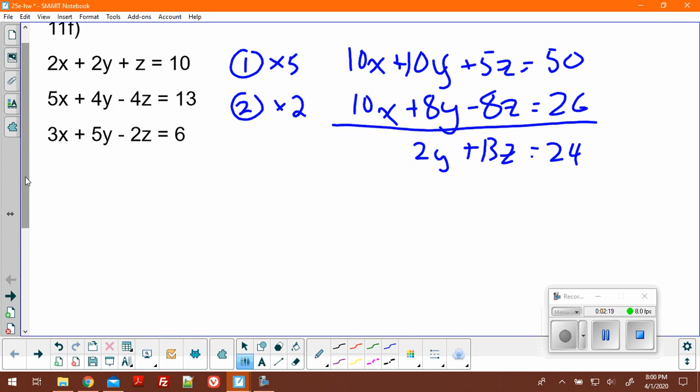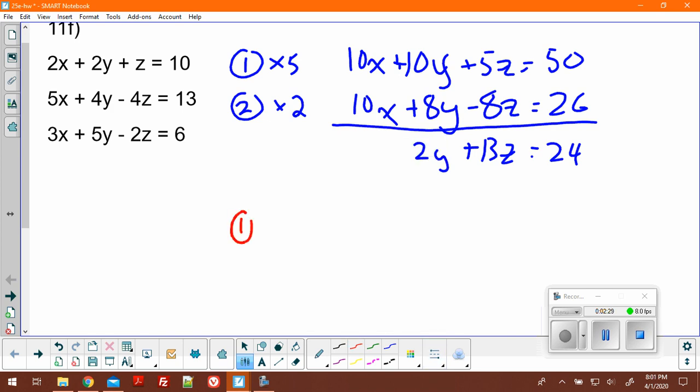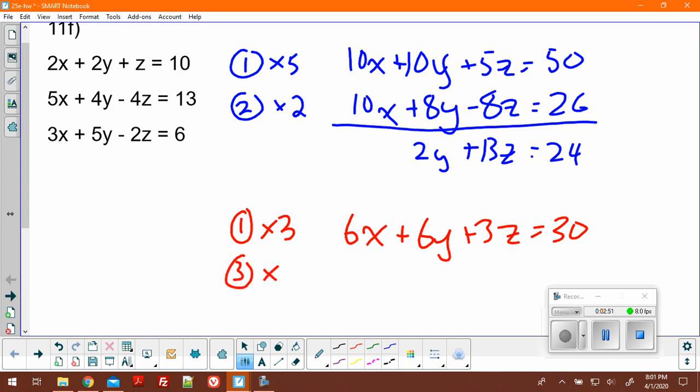Now I pick a different pair. Let's say I picked equation 1 and 3 for my next pair. So equation 1 times 2 is 6x, pardon me, equation 1 times 3 is 6x plus 6y plus 3z equals 30. And equation 3, I'm going to multiply that by 2.